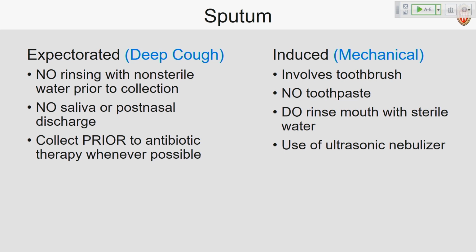That's relevant when you're trying to get that deep cough, making sure they're not just providing spit, saliva, or post-nasal discharge, which can appear like sputum sometimes, but not being fooled by that. That's not a specimen you want sent and worked up for culture. And a trend with a lot of microcultures is having that collected prior to antibiotic therapy whenever possible.